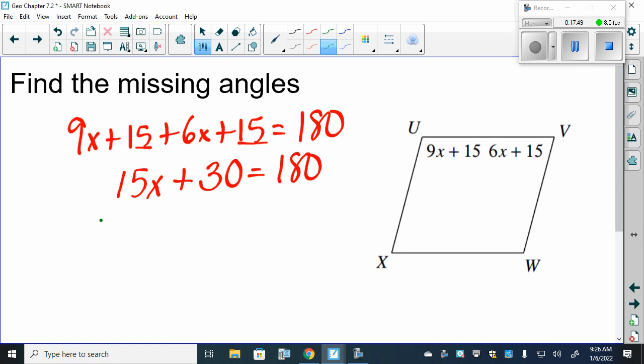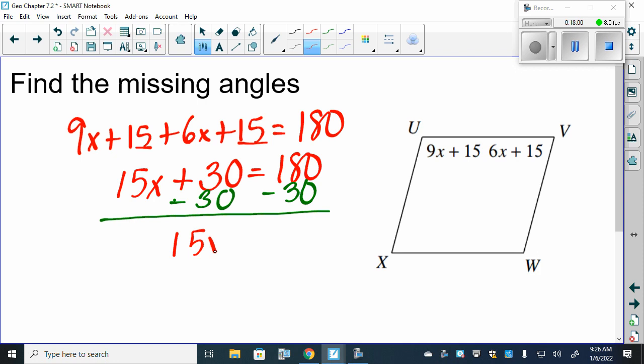Then what would we do next? We would subtract 30 from both sides, which will tell us that 15x is equal to 150.